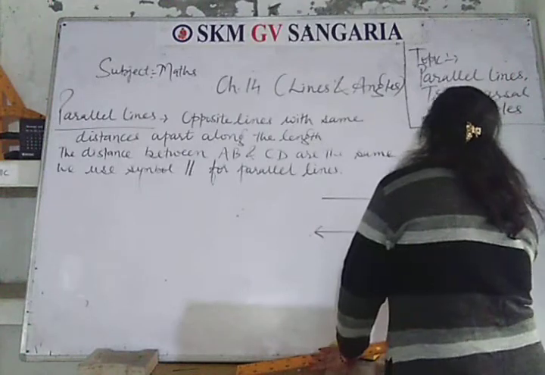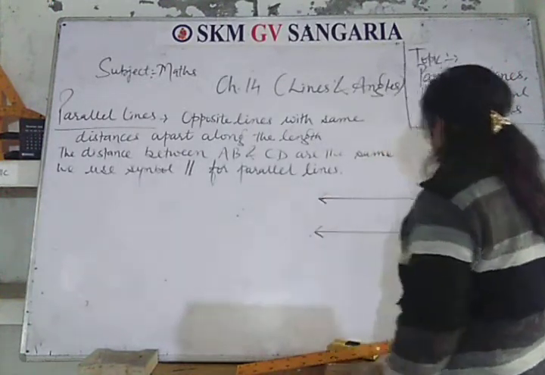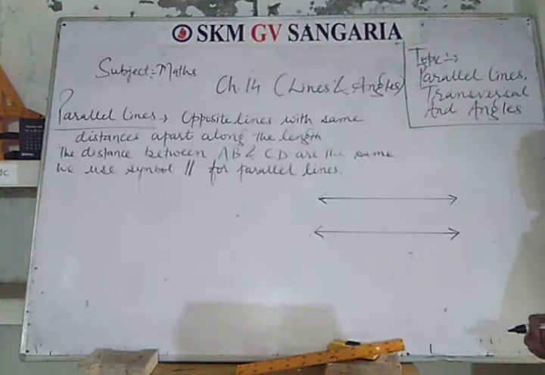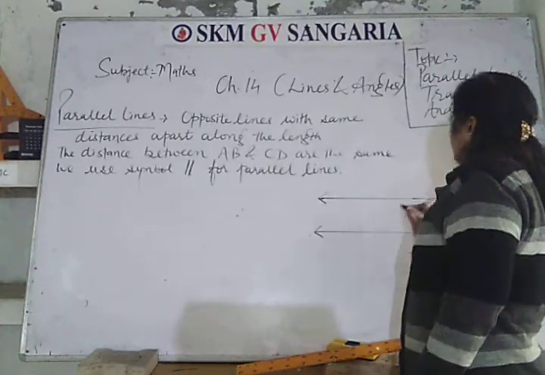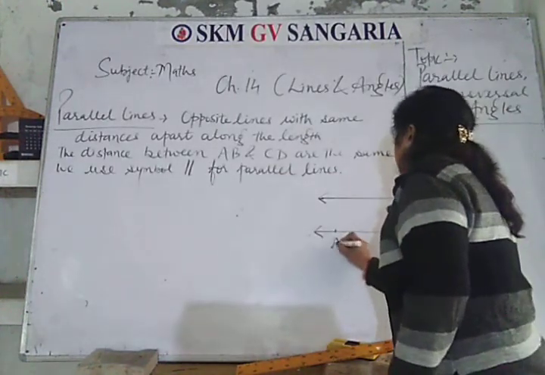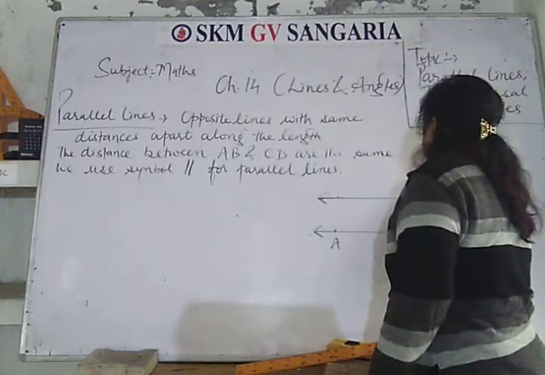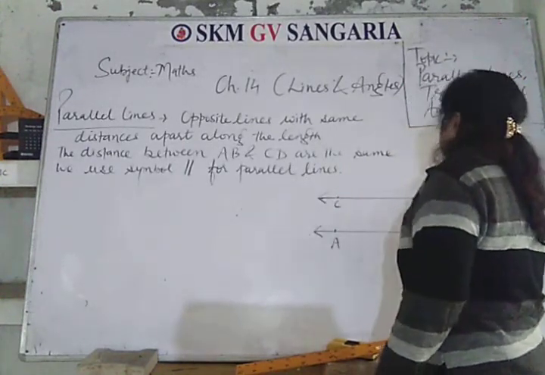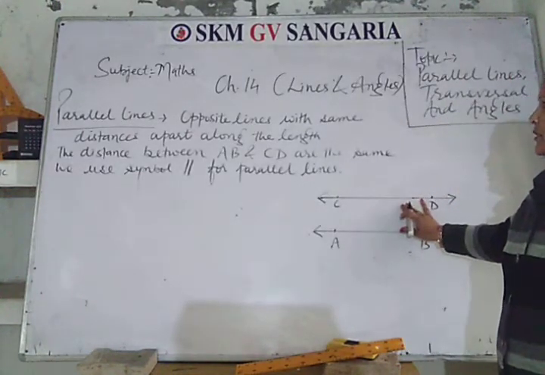For parallel lines, you should put arrows, meaning both of the lines extend endlessly in either direction. So this is line AB and this is CD. We can say AB is parallel to CD.